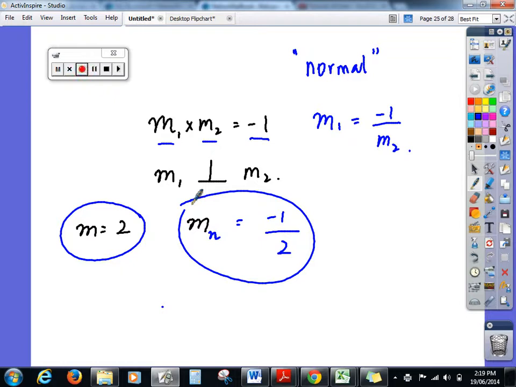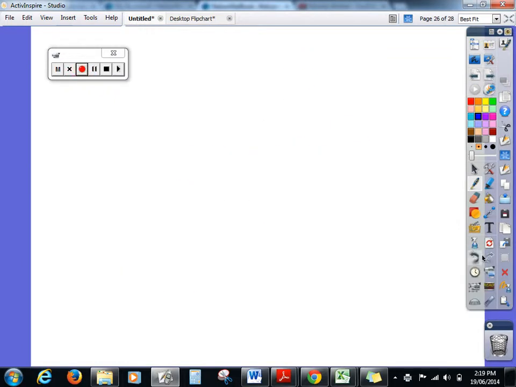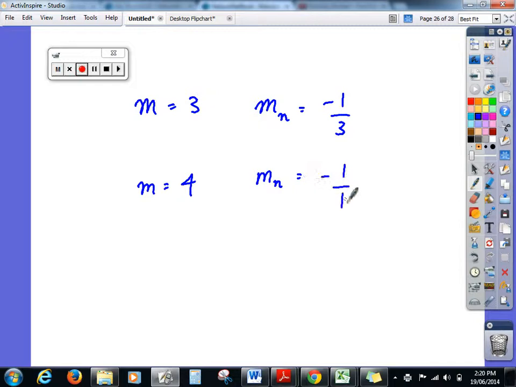So another example of that. If the original gradient is 3, then the normal's gradient, the gradient which is at right angles to it, is -1 on 3. If the original gradient was equal to 4, then the gradient of the normal, the perpendicular, would be -1/4.